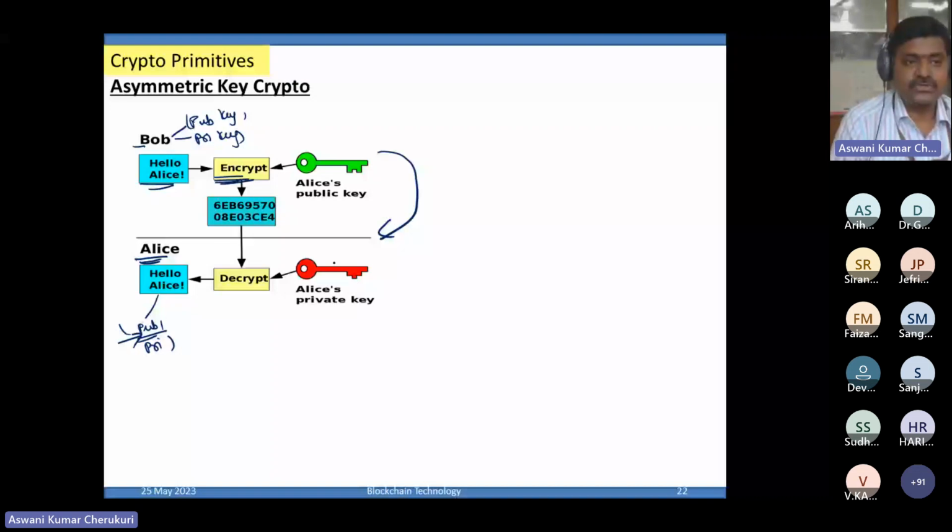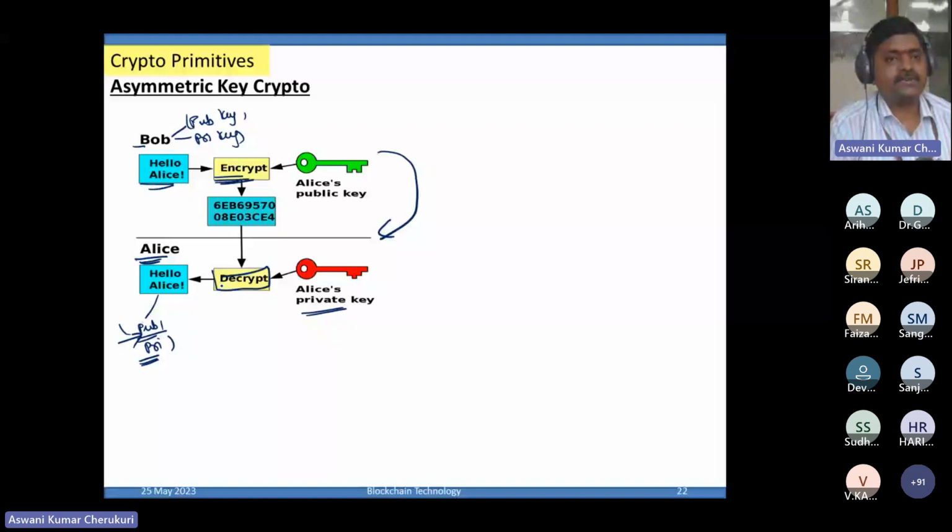Now Alice is going to decrypt that message with her private key. Since it is Alice's private key, only Alice would know it. Even if somebody wants to decrypt this message, it is impossible, because decryption is possible only with Alice's private key.